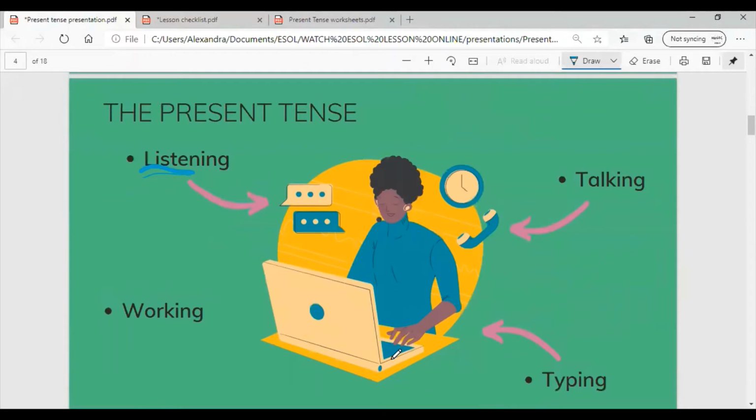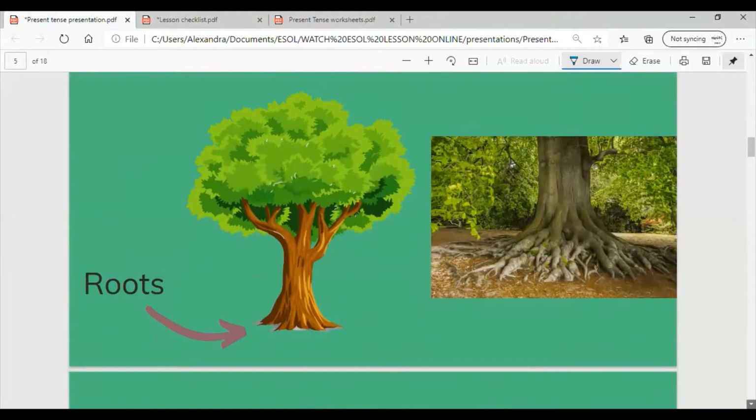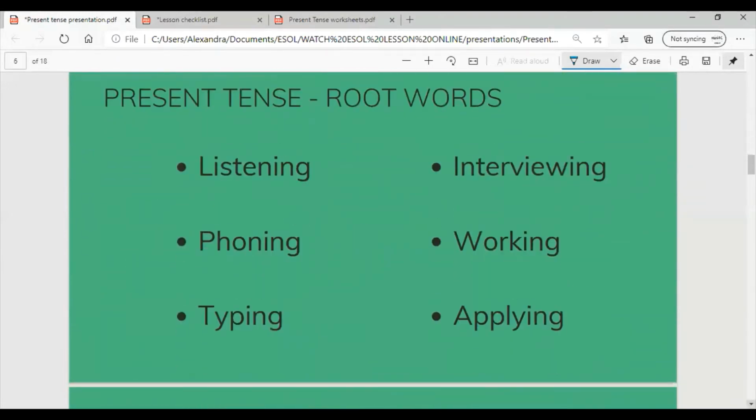The listen and the work and the type and the talk are all our root words, and the ing ending for present tense or ed for past tense is what you add to put the root word into the tense. So like with roots at the base of a tree, the leaves and the branches are added onto the end and can change, and that's the same for our root word. You're just changing the endings.